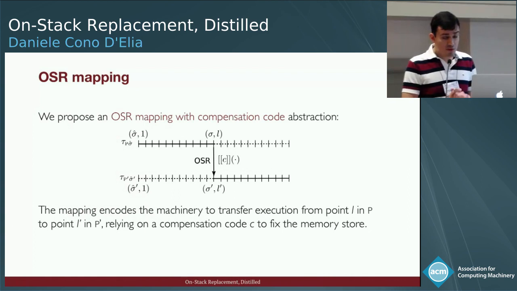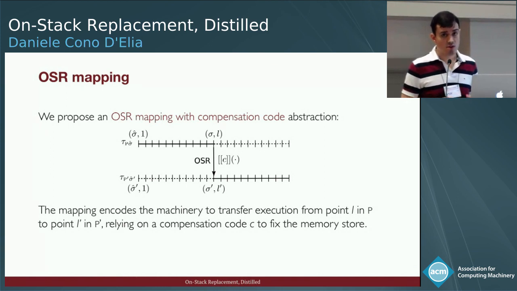So we propose an abstraction that is the OSR mapping with compensation code. A mapping encodes all the machinery that you need to transfer execution from one location L in your currently executing program P to an equivalent program point L prime in another version of this program P prime.